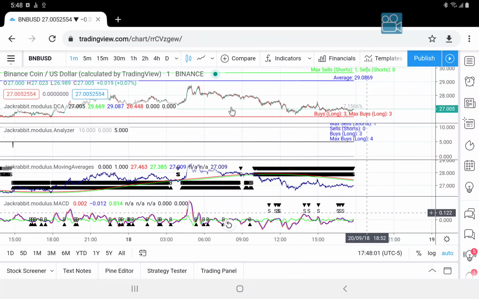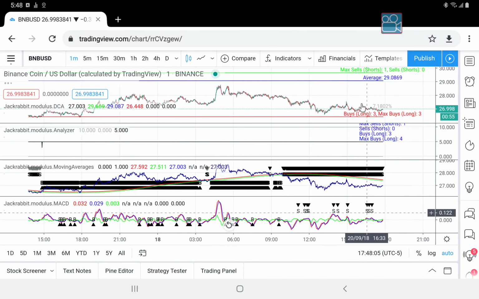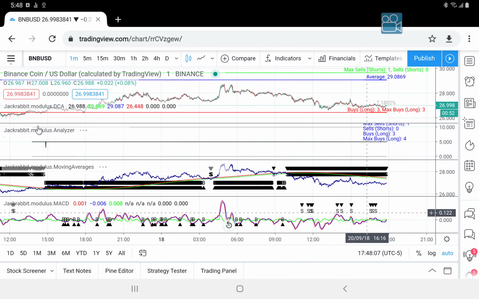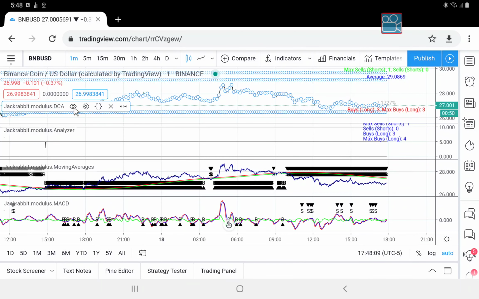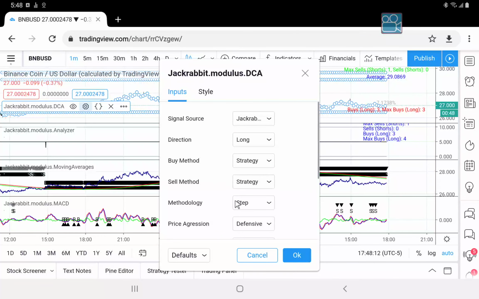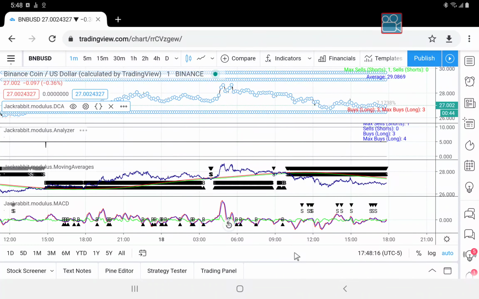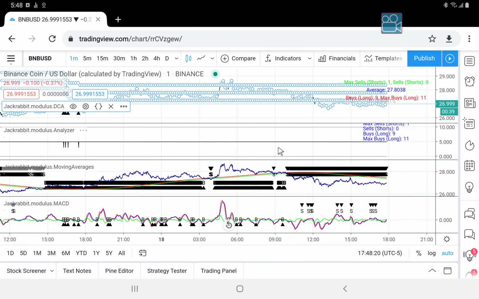The dollar cost averaging module is going to give you some very nice points. And even if you do go a little more aggressive with a defensive price method, you'll find that this system still does extremely well.